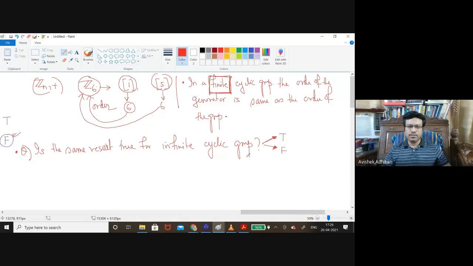Yeah. So, in the case of an infinite cyclic group, one example is Z plus. The generators are 1 and -1. So, their order is infinite.